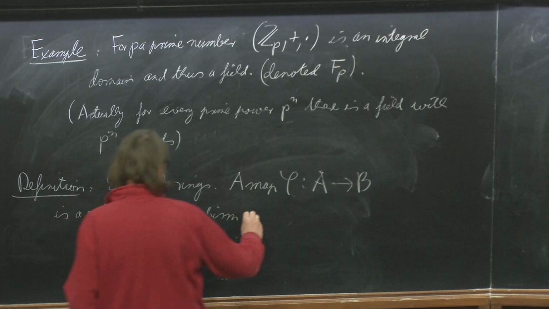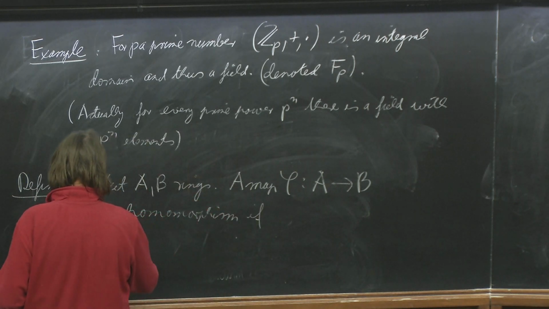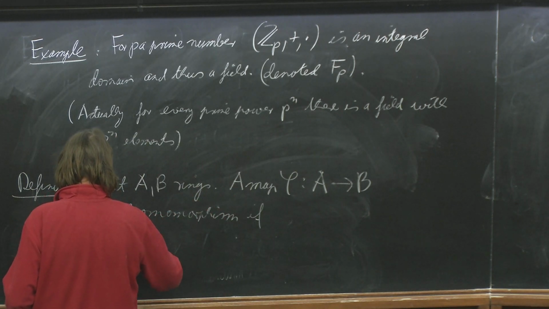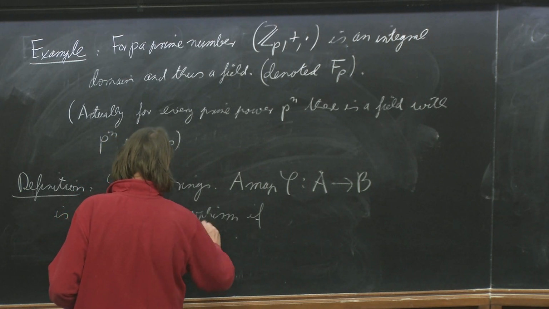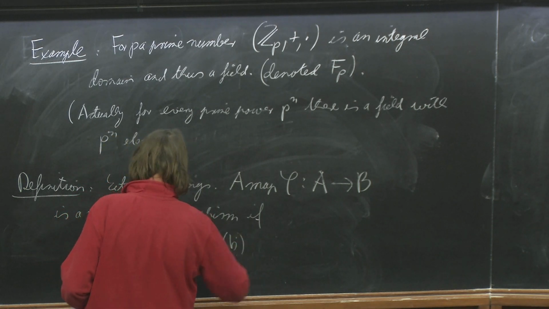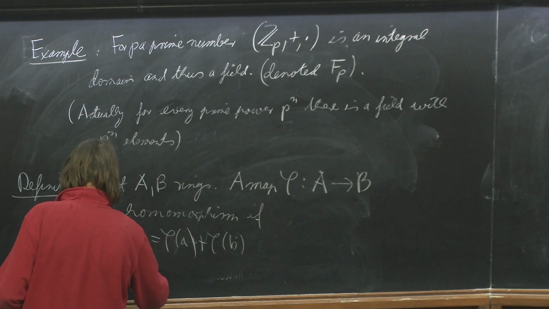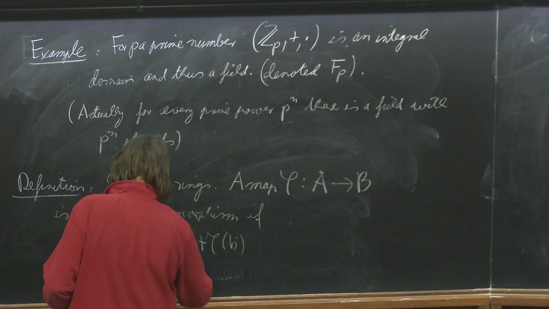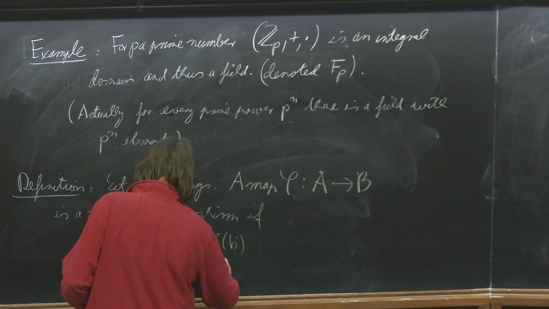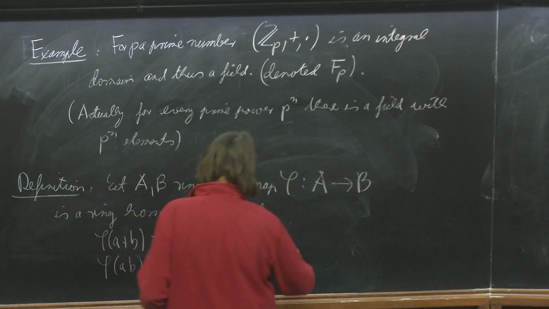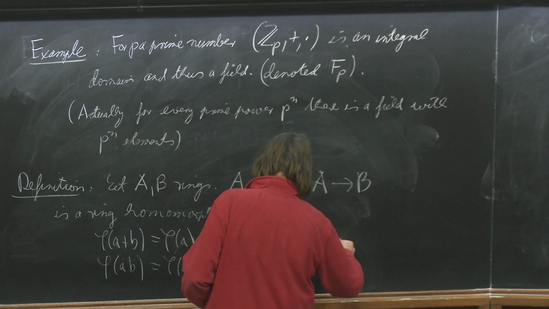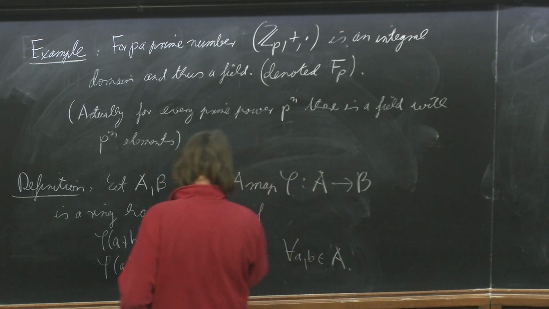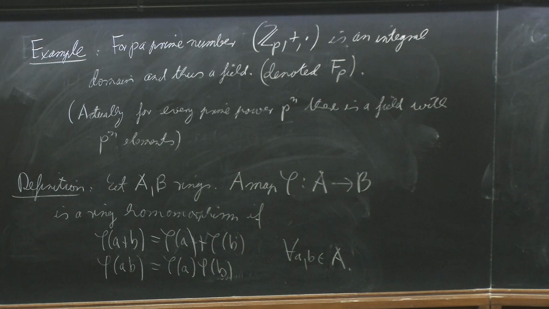So if phi of a plus b is equal to phi of a plus phi of b, and phi of ab is equal to phi of a times phi of b, for all a and b in A. Okay, so this is clearly the definition.